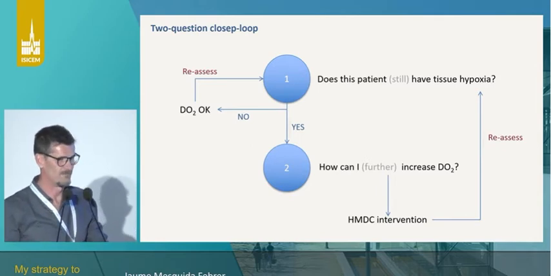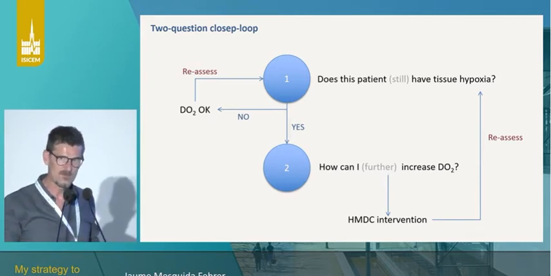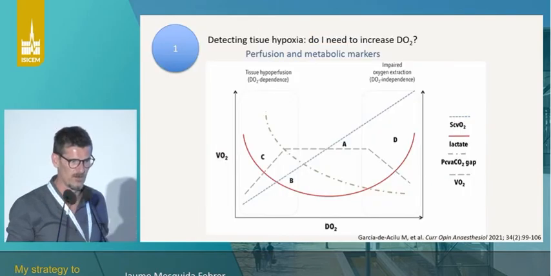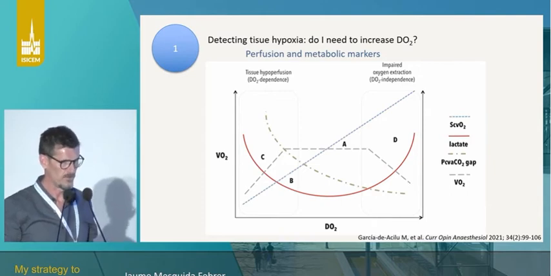If we talk about oxygen delivery, one very important question is the first one. I will talk mainly about the second one, but I want everybody to bear in mind the importance of the first one. I'll go through this slide very fast because it was covered in the previous talk, and Dr. Bakker will go through that again.